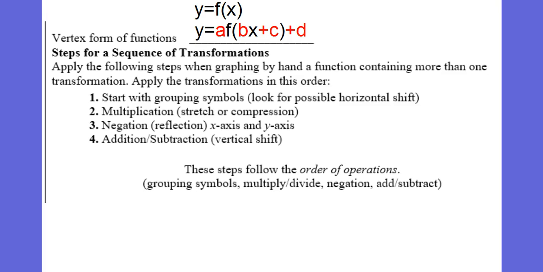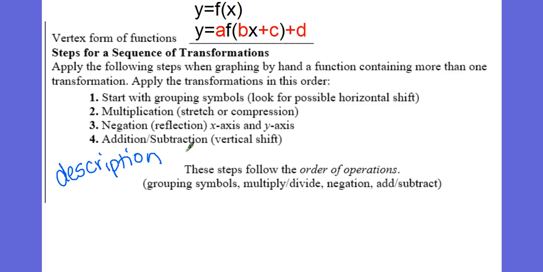Okay, so really important, especially for your quiz tomorrow, is understanding the steps in which you transform a graph. Most importantly, when you are writing your descriptions, you have to follow the transformation order. Step 1, inside the grouping symbols, you're looking for horizontal shifts.